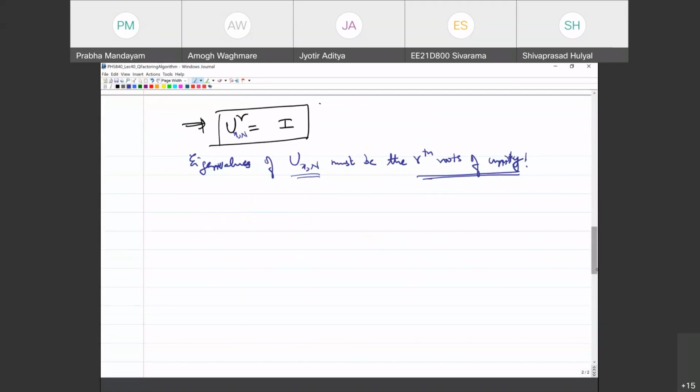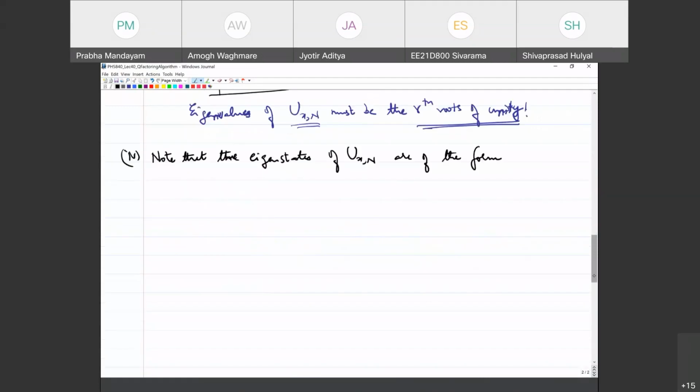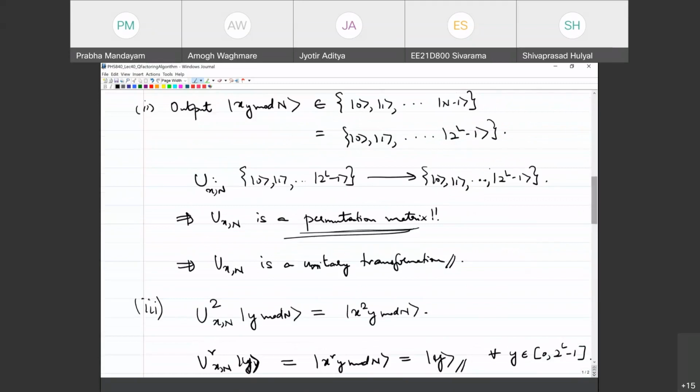So the next or the last property here will be to note that the eigenstates of U are of the form. So remember, it's a permutation matrix. Now obviously these eigenstates are some superpositions of these different basis states, but what kind of superpositions are they?